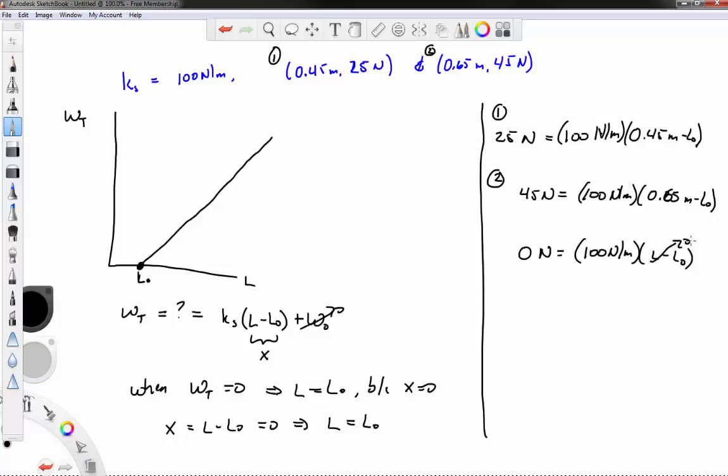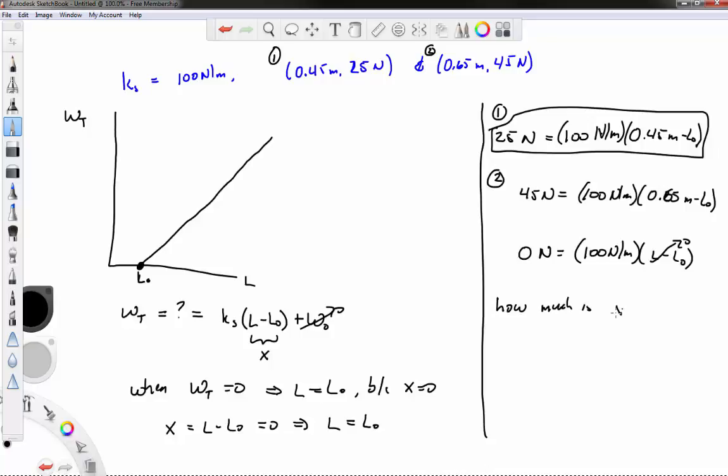So one way of approaching this is to say, okay, for equation number 1, I have 25 newtons that I've got to get rid of by decreasing the stretch on this spring. So how much is x for W equals 25 newtons? This quantity in here is actually x.